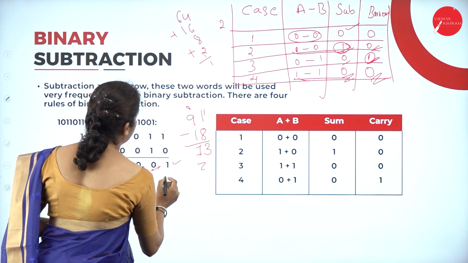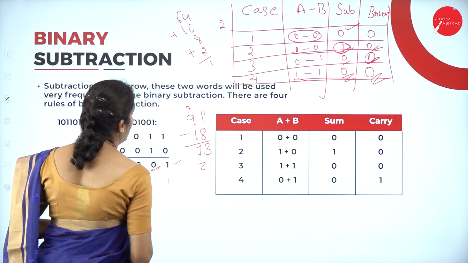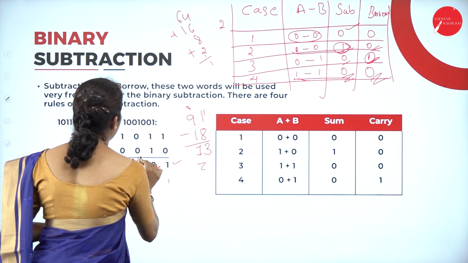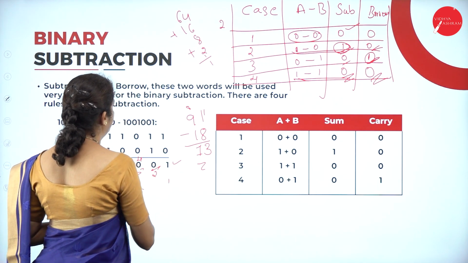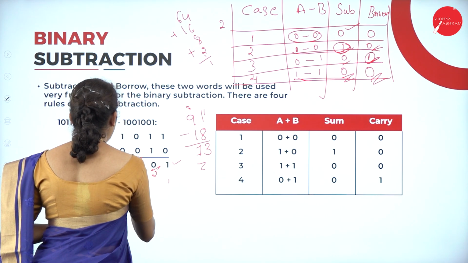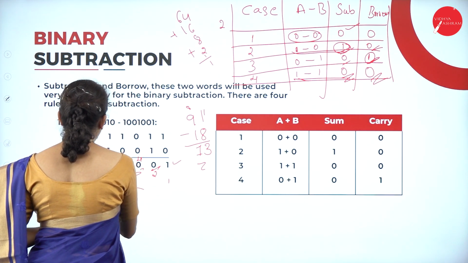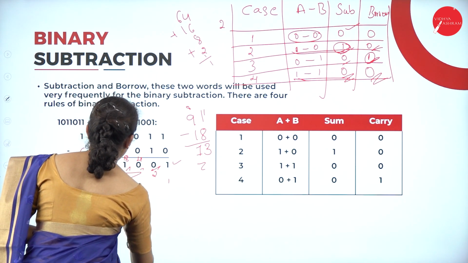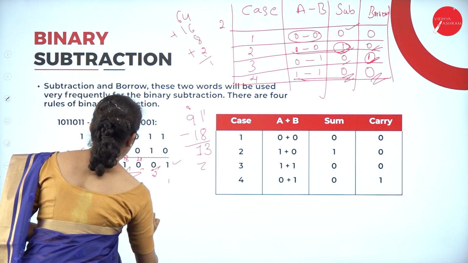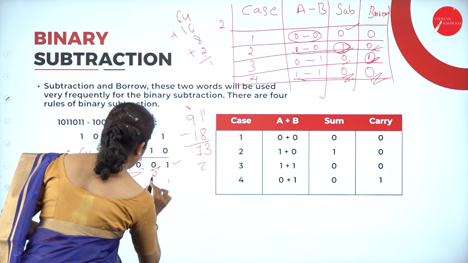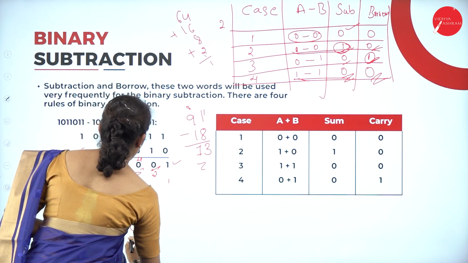So here it is 1. So here it is 2, 4. Then it is 8, 16, 32 and 64. I have 64 plus I have 8, then I have 1.